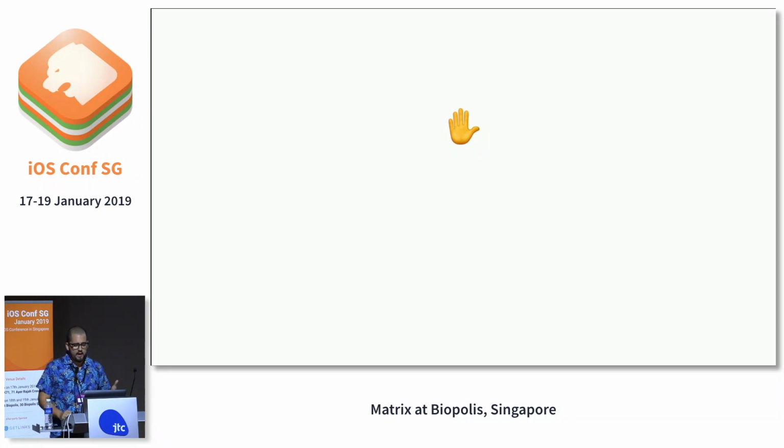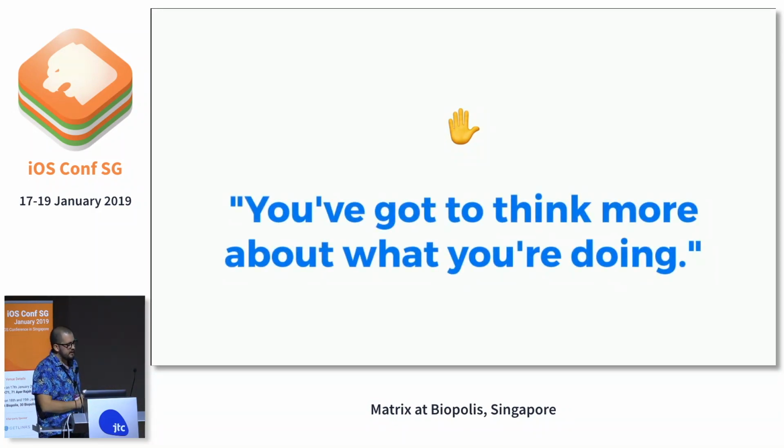In one of my first one-on-ones with my team lead in this company, he had a list of items that he wanted to talk to me about, and pretty early on the list was this thing. He told me, you gotta stop and you gotta think more about what you're doing. And it was one of those things that just makes sense. Why am I not investing more time in actually thinking about the solutions that I'm coming up with?